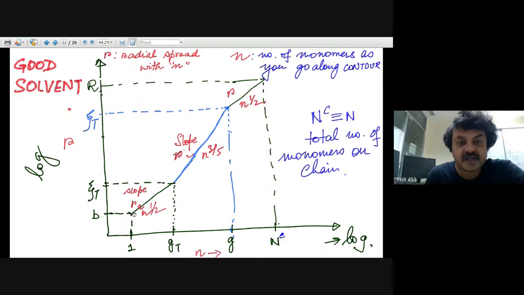It starts from 1, then up to the thermal blob length scale, you have ideal chain statistics.